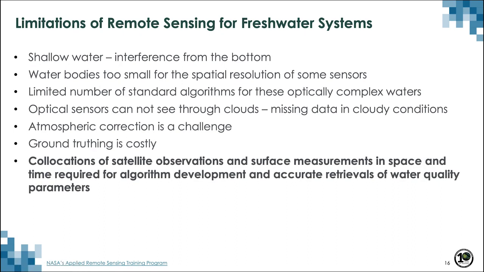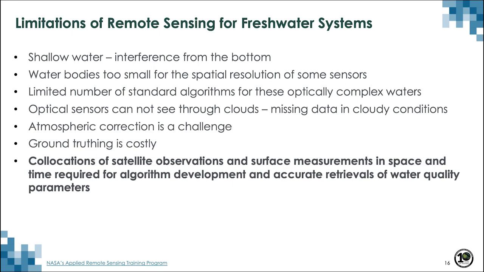There are also limitations of using remote sensing for water quality monitoring in lakes. First of all, if the water body is shallow, then there is interference from the bottom, so bottom reflectance has to be corrected for, or it adds inaccuracy in your water quality parameter retrieval.